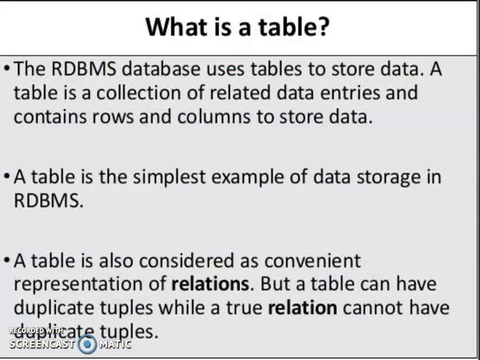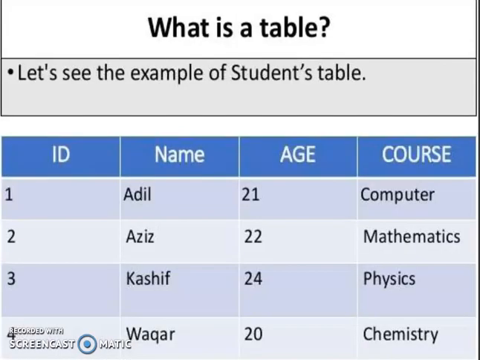A table is a two-dimensional array containing rows and columns. Each row contains data related to an entity such as a student. Each column contains data related to a single attribute of the entity such as student name or student roll number, like that.